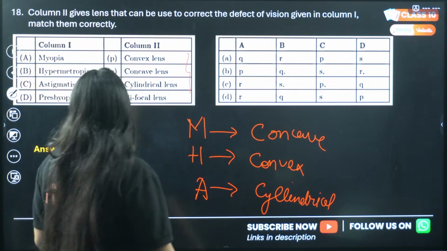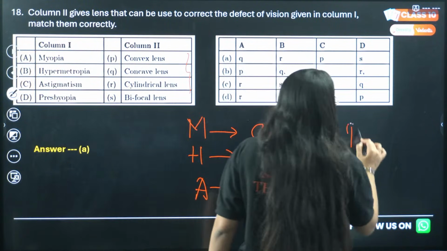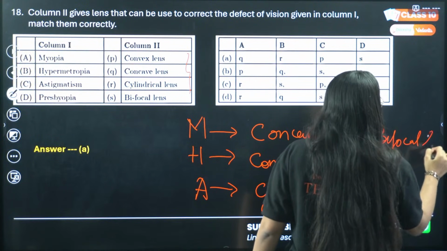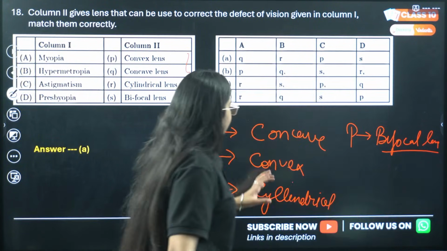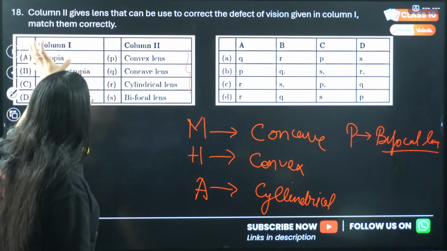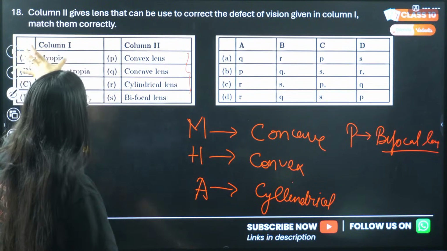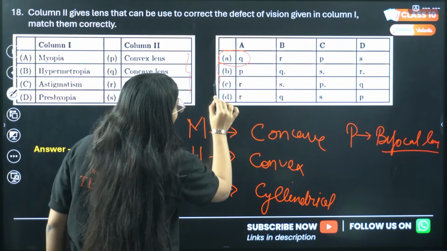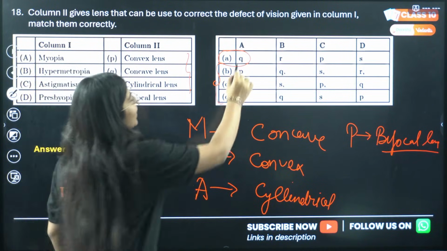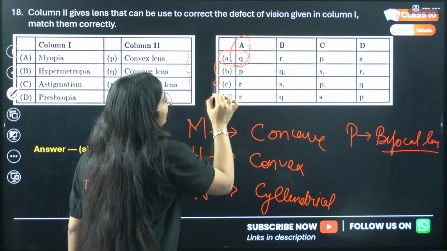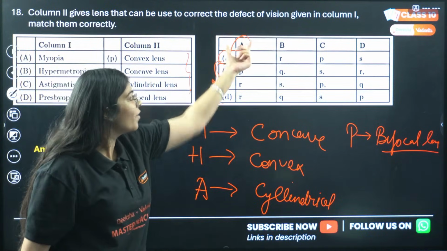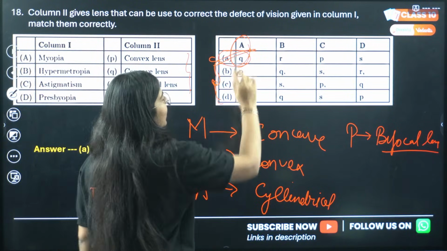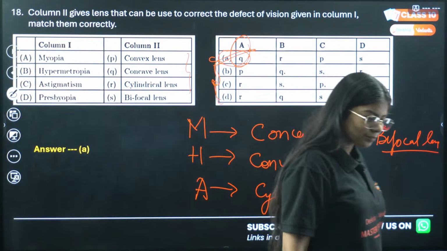I don't know now. Presbyopia is corrected with a bifocal lens. Correct? So from the very first, myopia, it's concave lens. So A is Q. This is correct. In any other options, nowhere is A matched with Q. So we clearly know A is the correct answer.